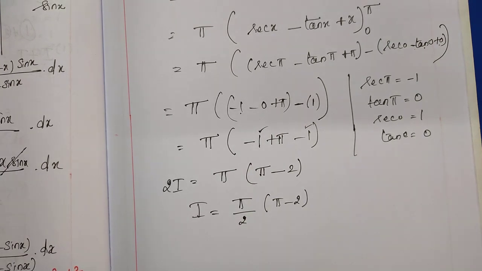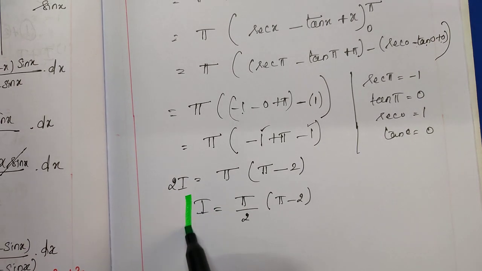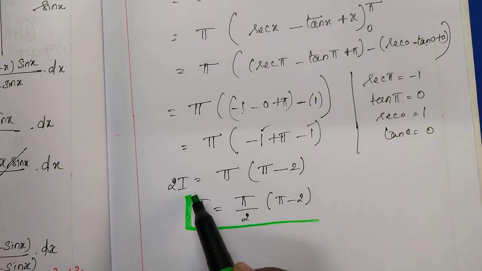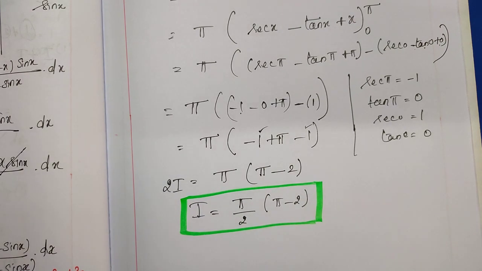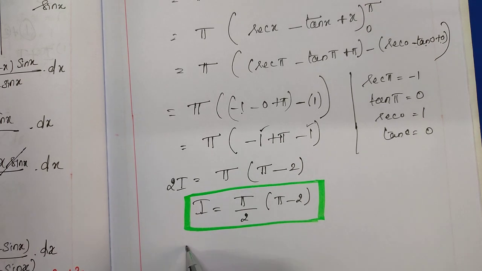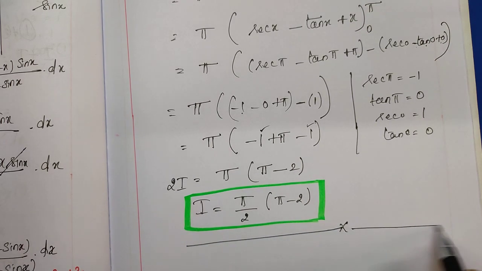This is the answer. The answer is pi by 2 times pi minus 2. It is the answer for division number 9 in question number 2. Therefore division number 9 is over. Thank you.